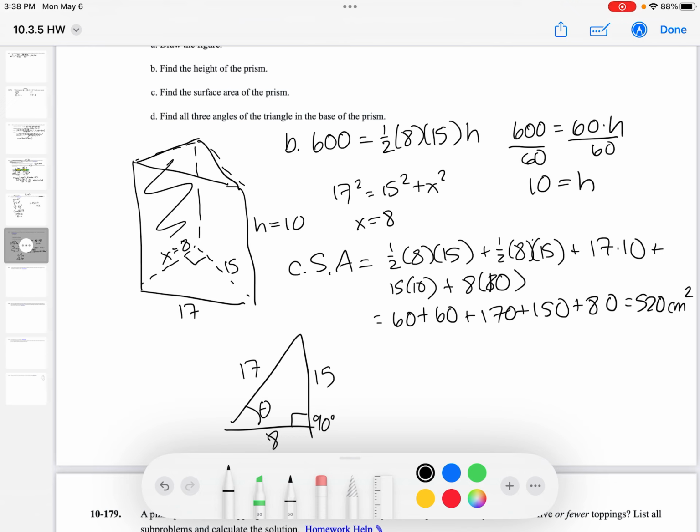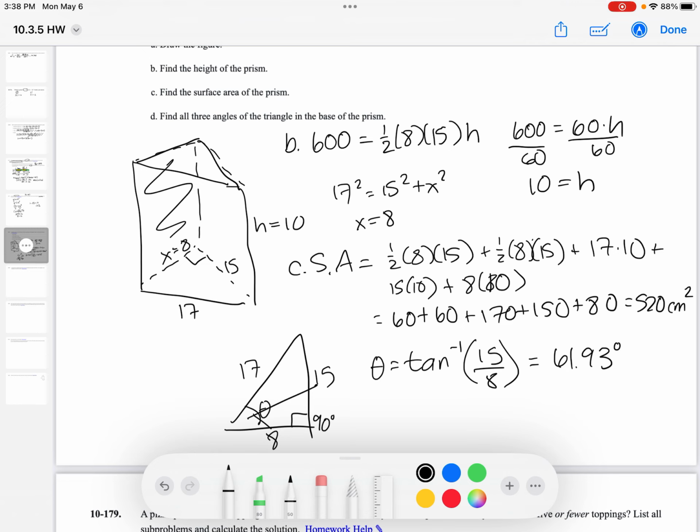And maybe I want to use tangent. I'm going to say theta is inverse tangent of what's opposite of theta, 15, and what's adjacent to theta, 8. Inverse tangent of 15 over 8, and I get 61.93 degrees for that angle.